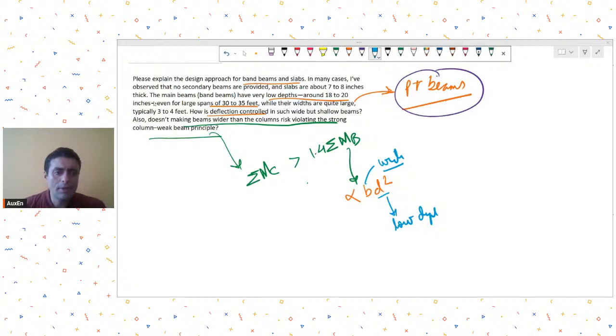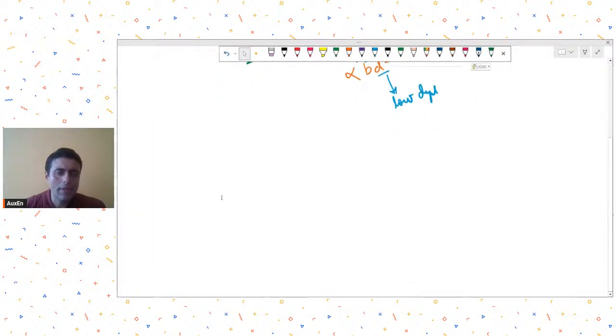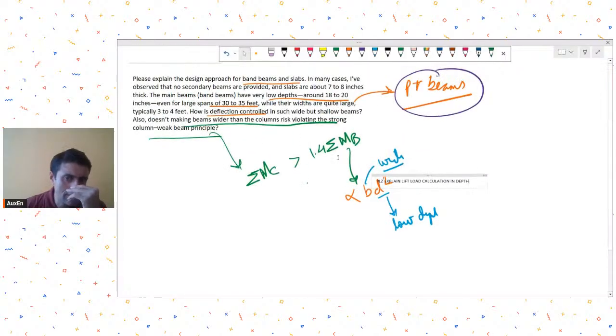So PT beams are taking care of the deflection aspect. Yes, so this was my answer to the query on band beams, although I'm not 100% sure what a band beam means, but on the aspect ratio I have tried to answer.